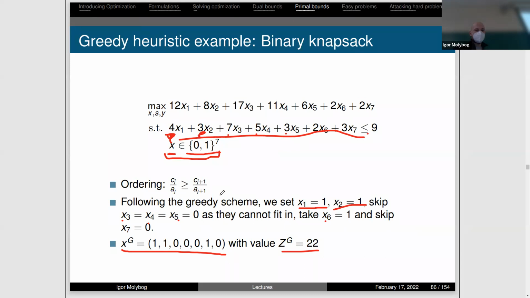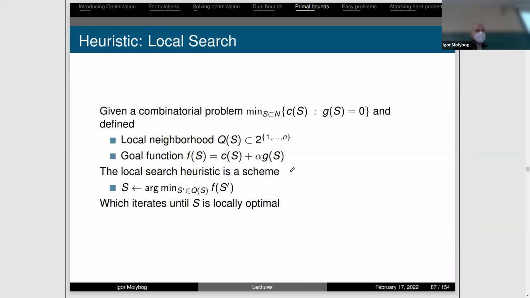Okay. All right. So the next heuristic, the next conceptual approach, is local search. Local search, in a way, is a direct extension of the greedy heuristic, because it expands the notion of locality from the greedy heuristic.